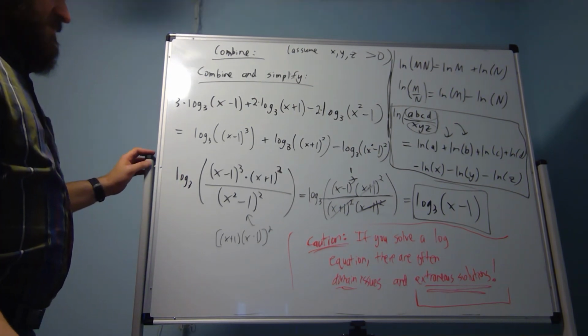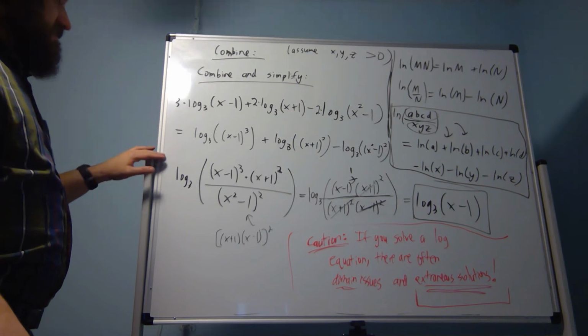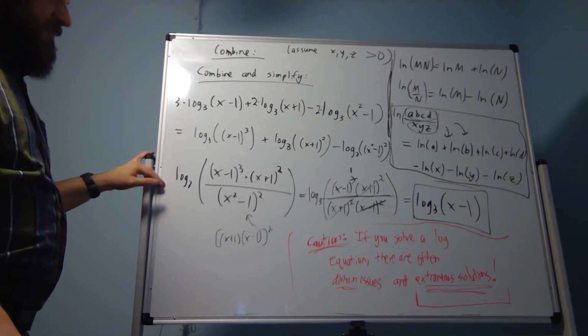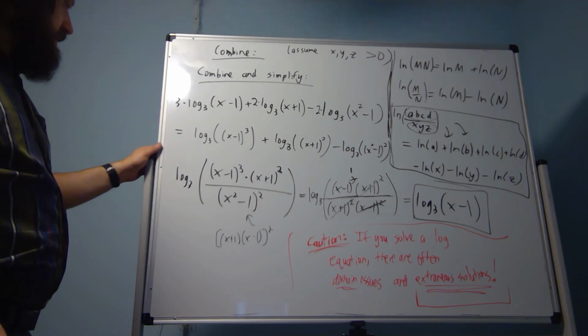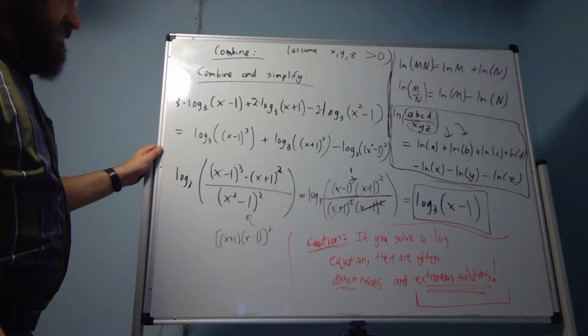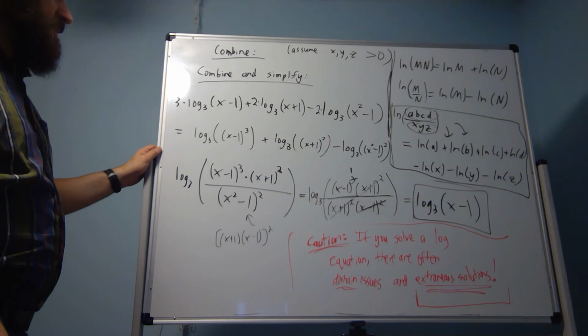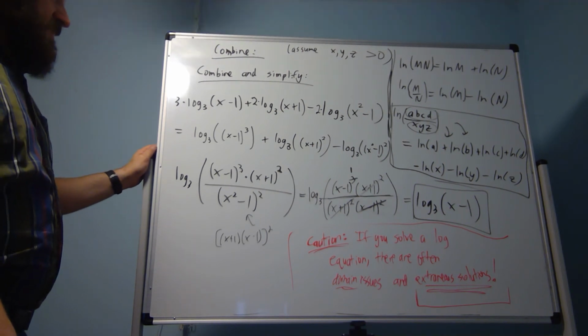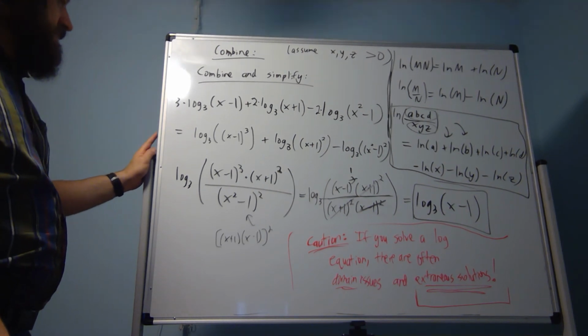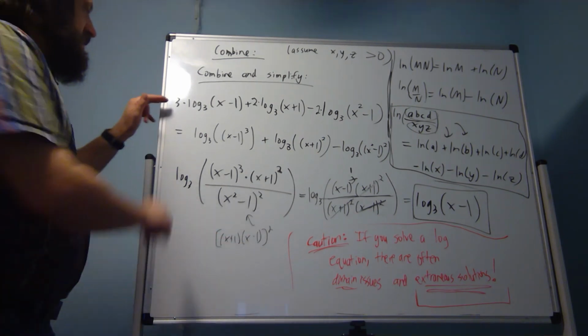But you just kind of assume that everything is positive and everything works, and then check your answer at the very end. That's how you make sure you don't run into anything too dangerous. So just keep that in mind.